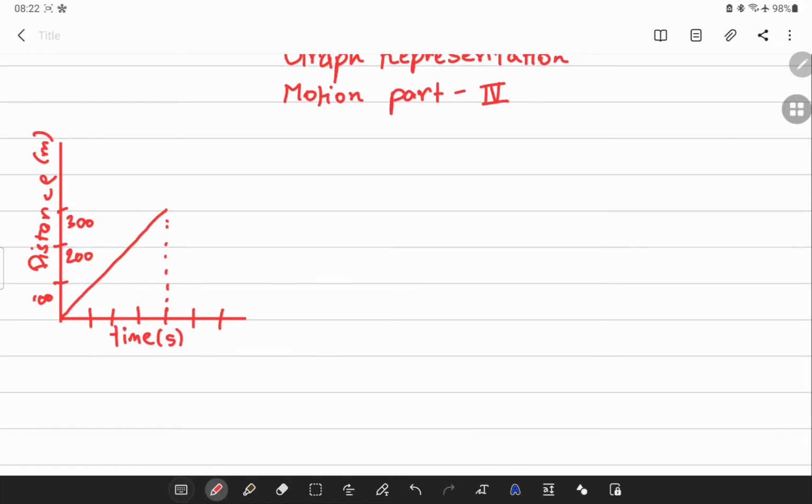Now you can also find speed from this. Speed is equal to distance upon time. So speed is equal to d upon t, which in this case is 300 upon 40 meter per second, giving us 7.5 meter per second.